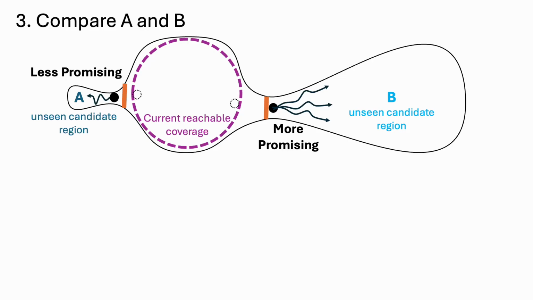It's to find these blocked regions and also to prioritize which blocked region out of many is worth attempting to route.